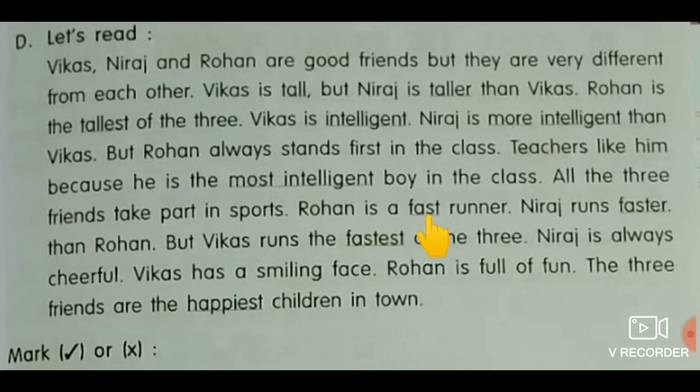Rohan is a fast runner. Neeraj runs faster than Rohan. That's why, for a comparison between two people, we use faster, the comparative degree. For a comparison of more than two people, we use the superlative degree, children. Here, fastest. Fast, faster and fastest.